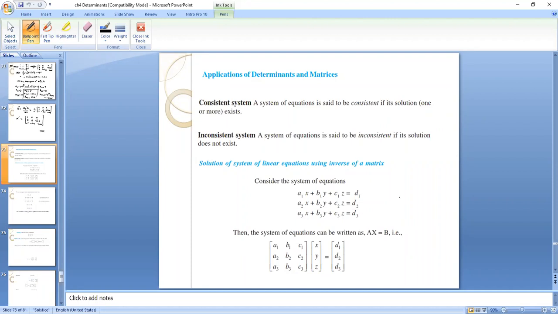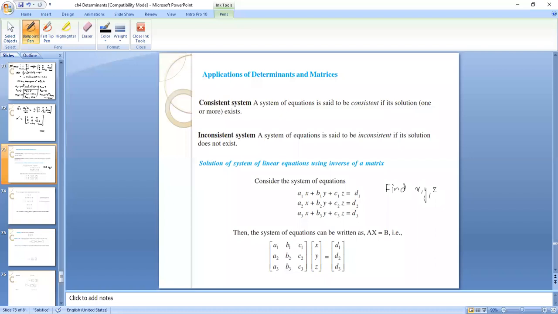Solving these equations means finding the values of x, y and z. Solving for x, y, z means solving the system of equations, right? When we solve, we don't know whether the solution will come or not. That means whether the solution is possible or not.